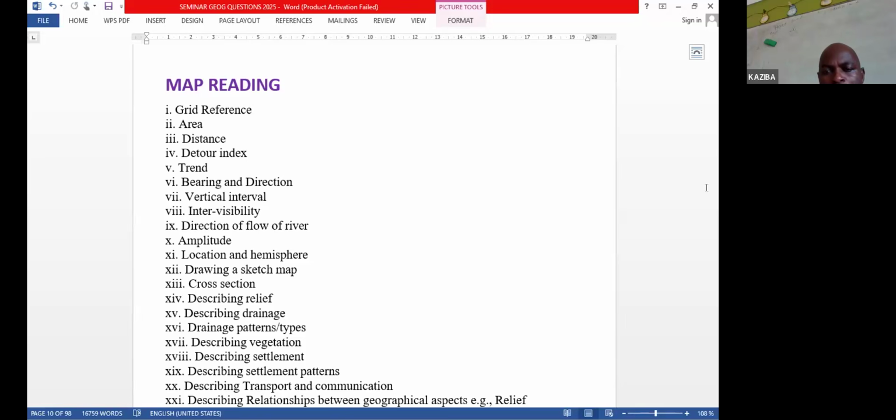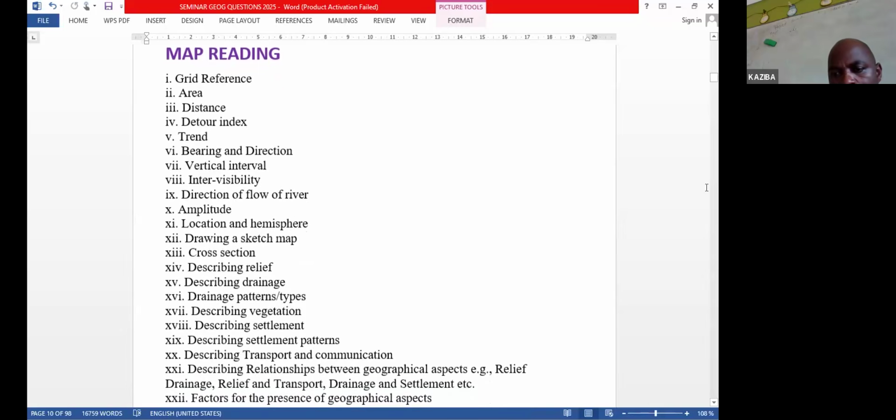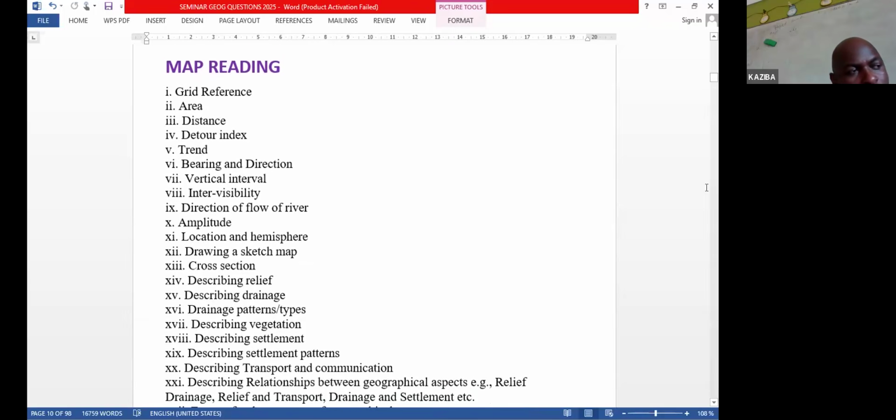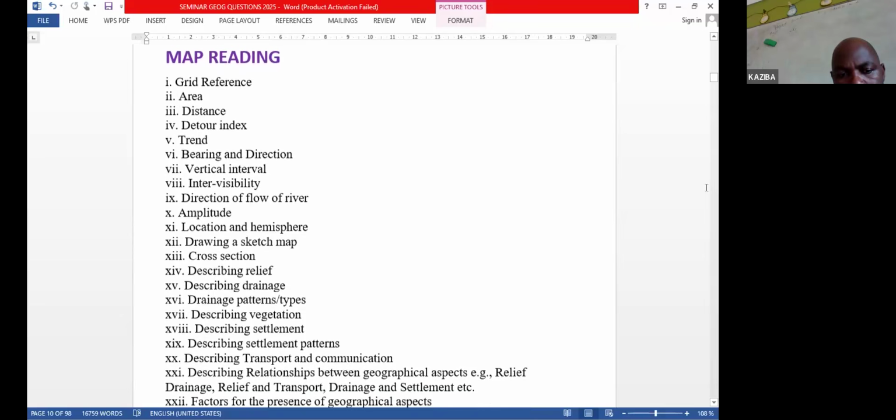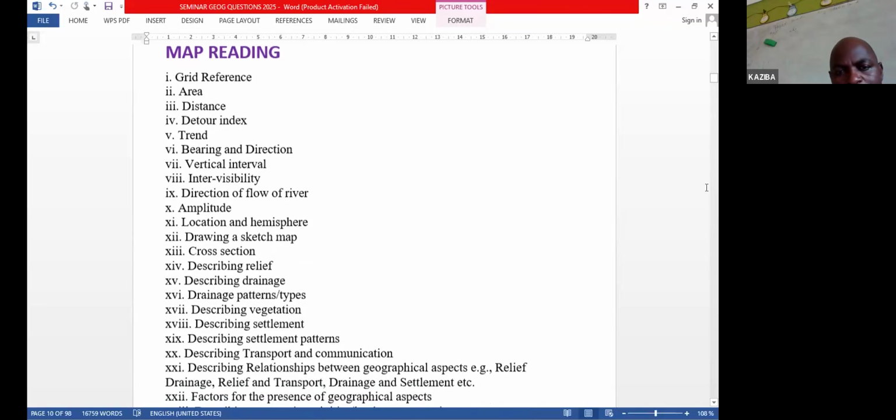Gradient, area, maybe you can send me some messages on what you don't know and we talk about it. Out of all that, intervisibility. You've said intervisibility. Okay, I've noted that one. Which other one?